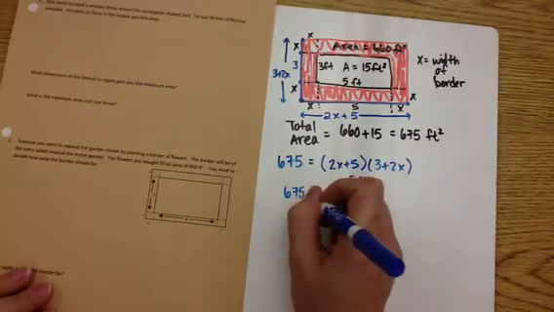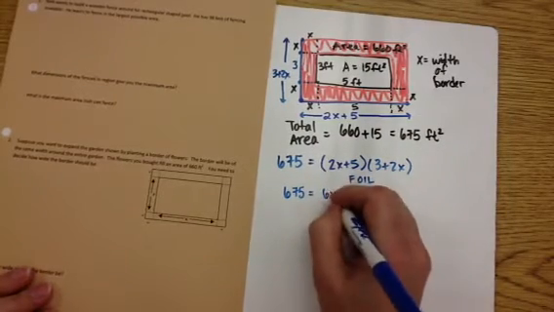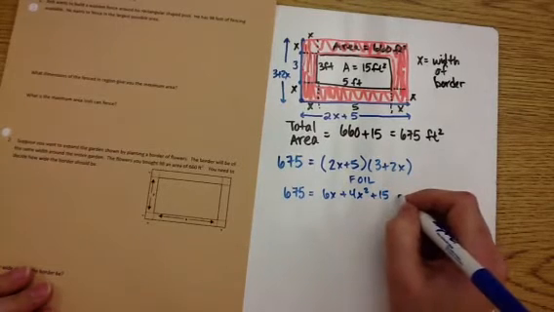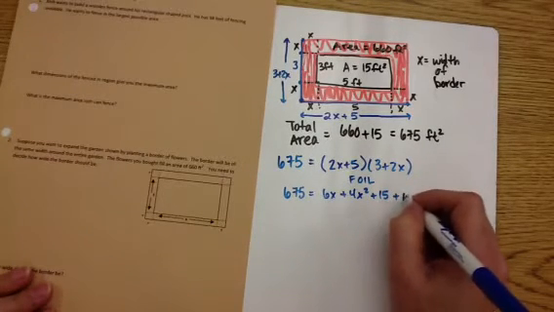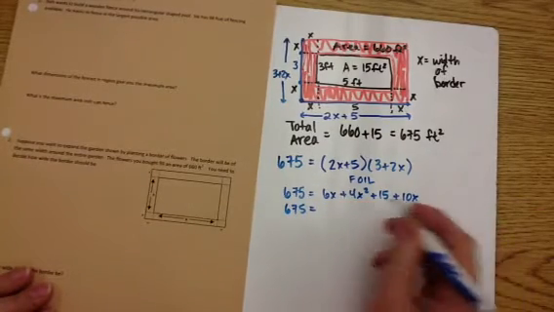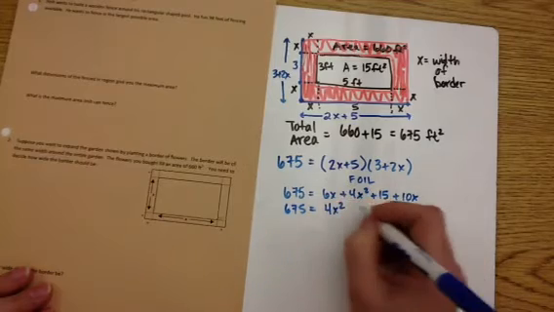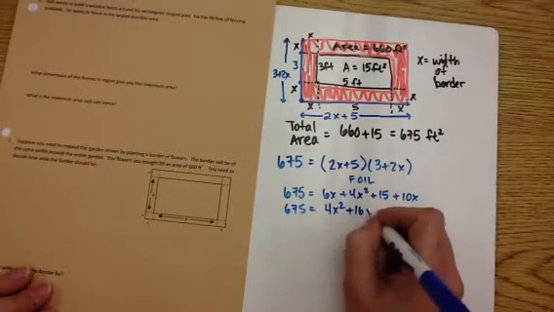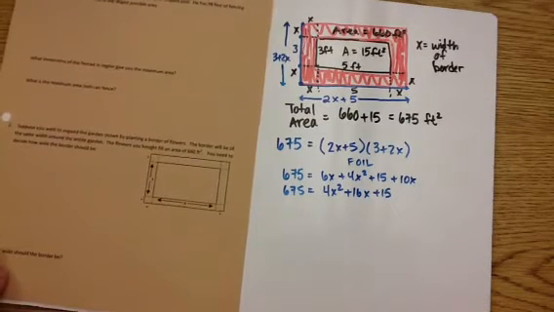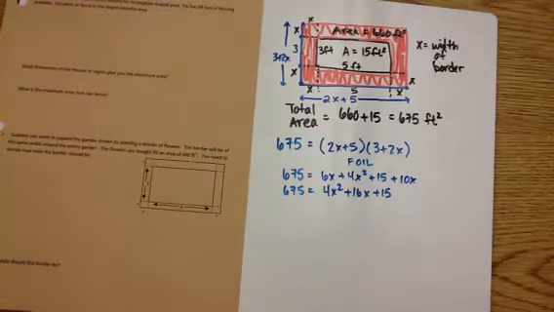So I have 675 equals 6x plus 4x squared plus 15 plus 10x. So I have 675 equals 4x squared plus 16x plus 15. Now this is looking like a quadratic equation. So I have some choices about how to solve this. I could complete the square, use the quadratic formula, or I could try and factor it.